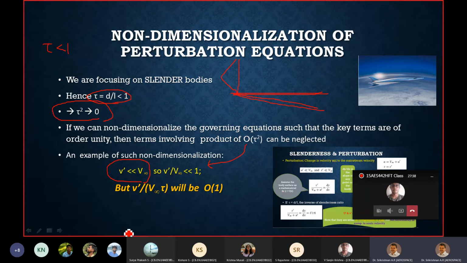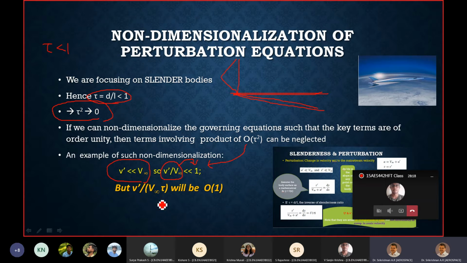So v dash by v infinity is a non-dimensional parameter, the perturbation velocity in the direction of y divided by the free stream velocity, and it is much smaller than 1. So if I have a parameter like this in the equation, I can assume it to be much smaller than 1.